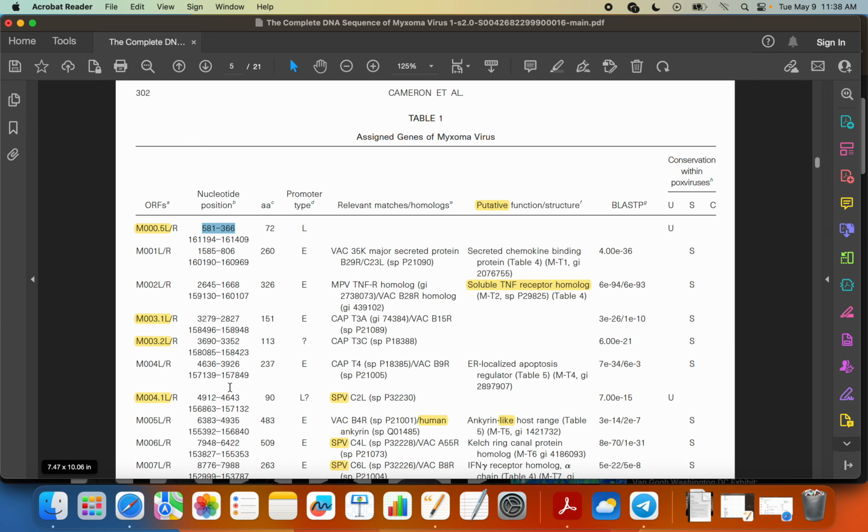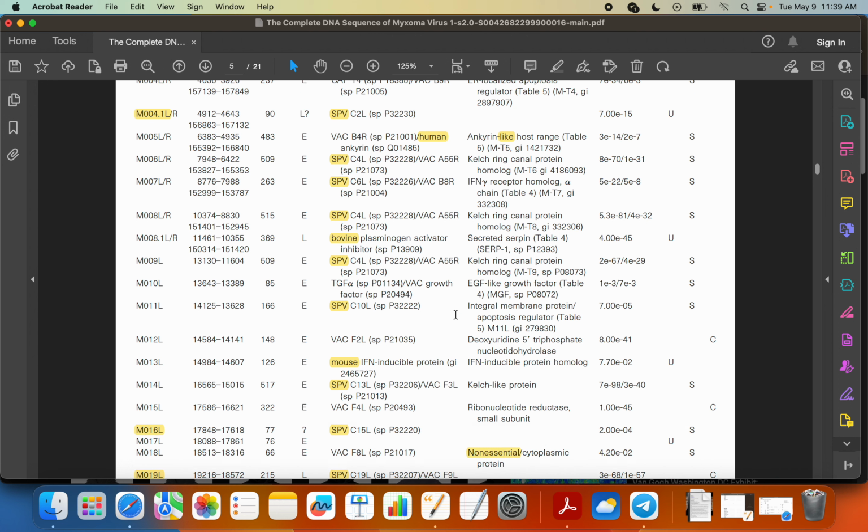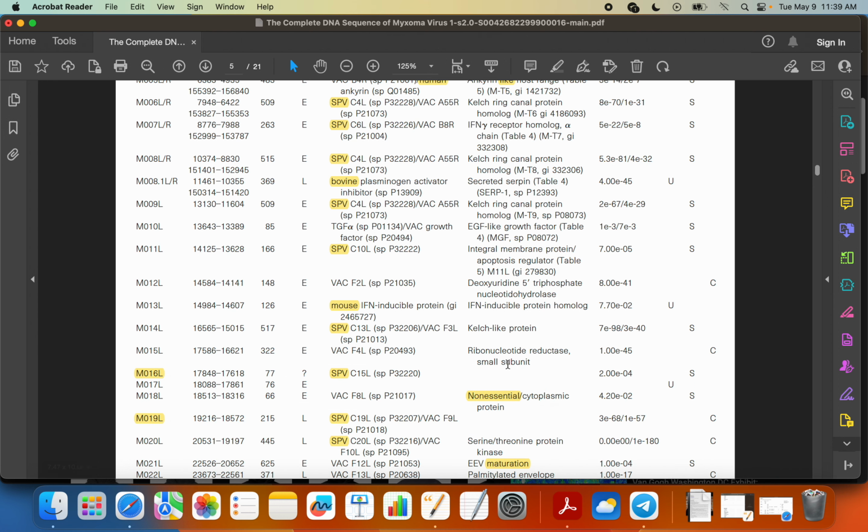So let's go back here, and so I've highlighted some things that I had questions about. So for all these highlights, the ORFs, they don't have any idea of what the function is or the structure of the proteins. So you see all these, like this one, they don't understand what it is.